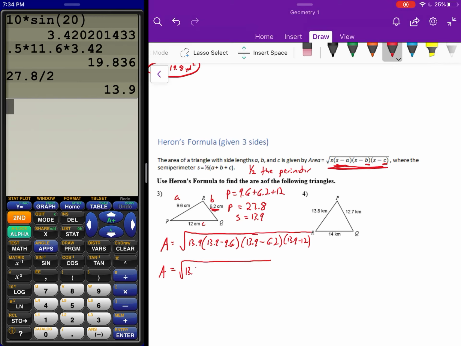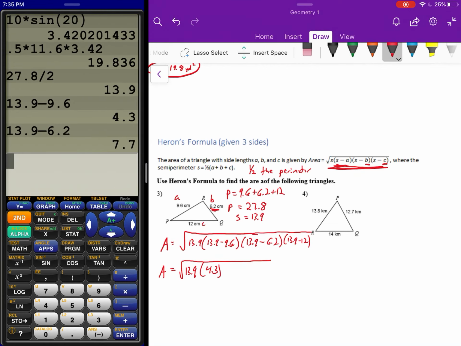And you actually can put this in your calculator all at once. If you're not comfortable with that, you can do it in different parts. We'll do that for right now. 13.9 minus 9.6 is 4.3. 13.9 minus 6.2 is 7.7. And 13.9 minus 12 is 1.9.